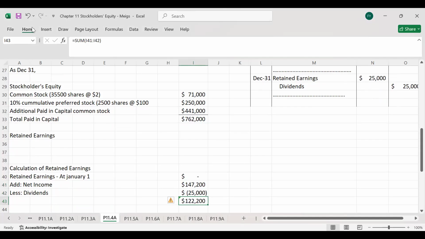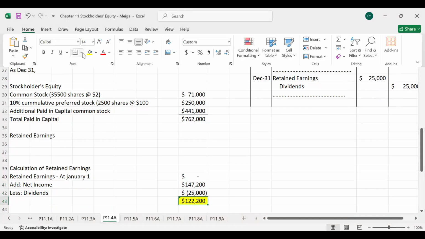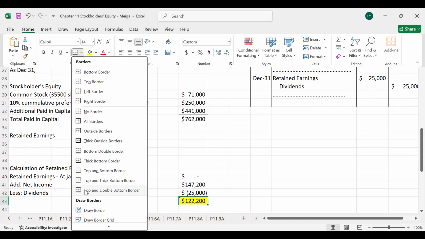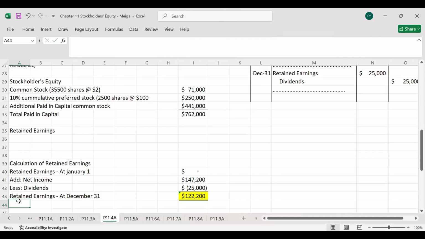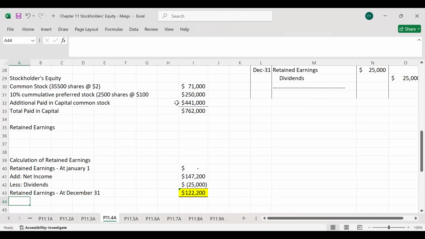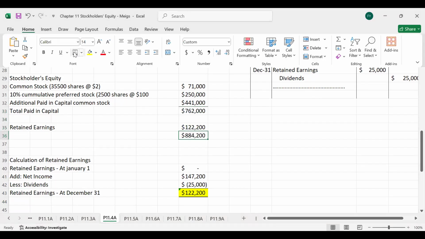This represents closing balance of retained earnings at December 31st, and year is not given. So this is the retained earning which we are going to add, 122,200. So by adding retained earning in total paid in capital, we get total stockholder equity amount. So here we have stockholder equity.